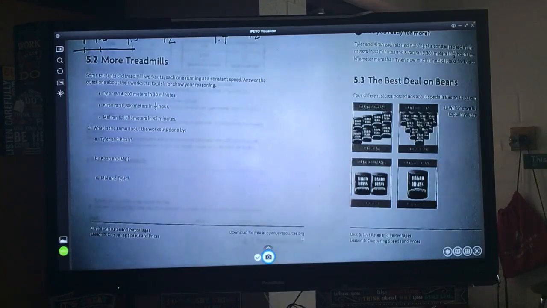Where does it say we have to do it per minute? Wait, Tyler did 140 meters. Oh, yeah. 8,400 meters per hour.